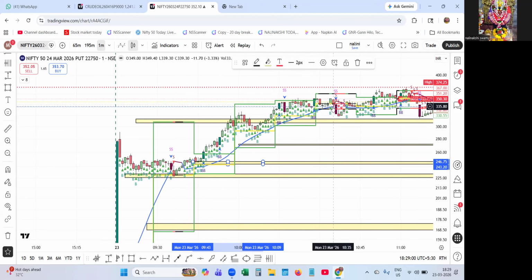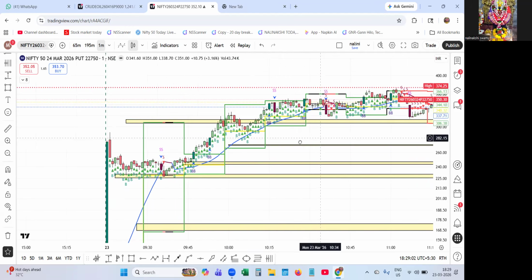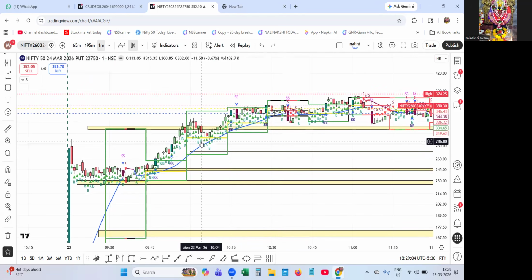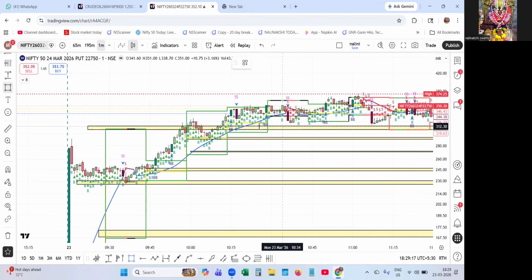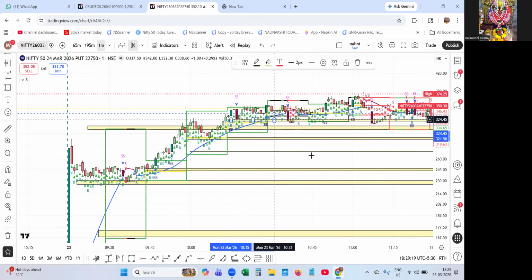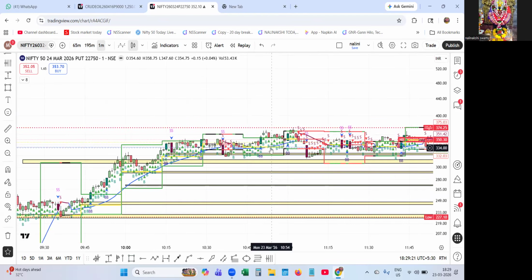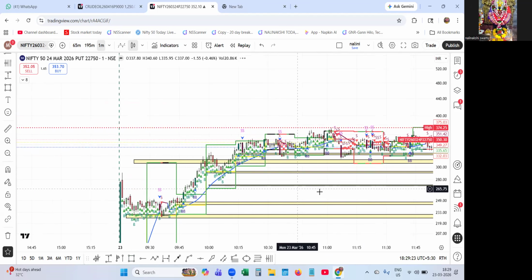Well, as long as it goes there, see, along the line, pivot, this is the first resistance box and second pivot. And the third pivot is above the resistance. Fourth pivot. Like that, you can track.